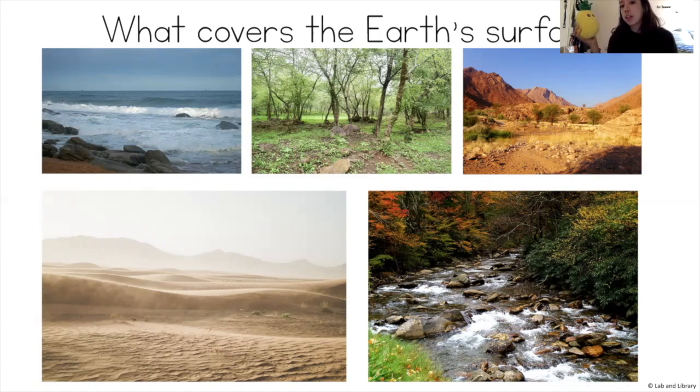In the third picture, my student could say bushes and rocks and dirt, and they could say the word desert if they knew what that meant, but we'll stick to dirt and rocks, which are really good observations.